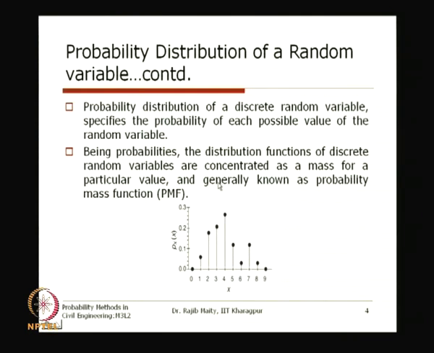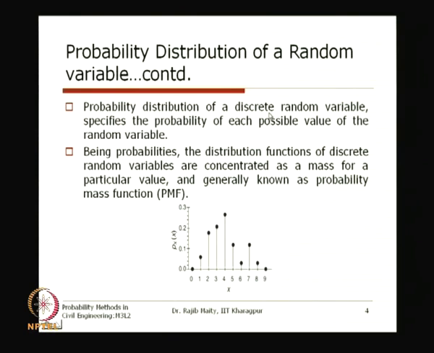Now, as I was mentioning, there are two different concepts: one is for the discrete random variable, another is for the continuous random variable. As we discussed in the last class, a discrete random variable means that it can take some specific values over the range of the random variable.